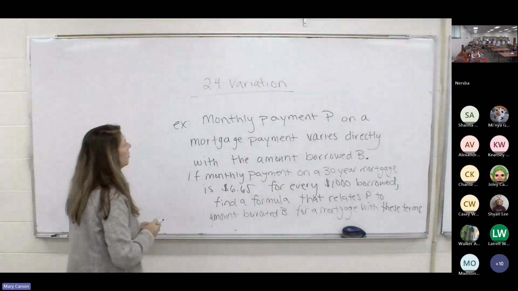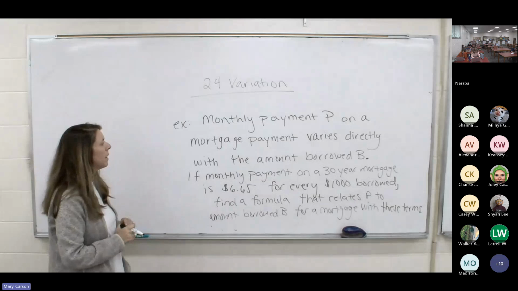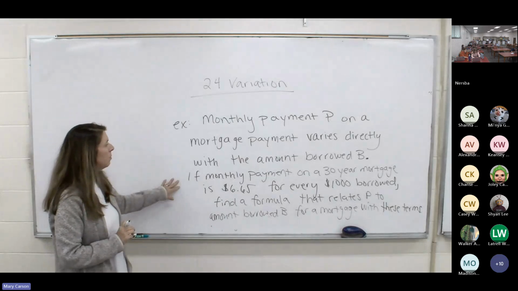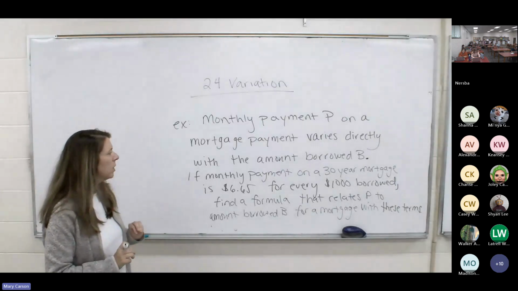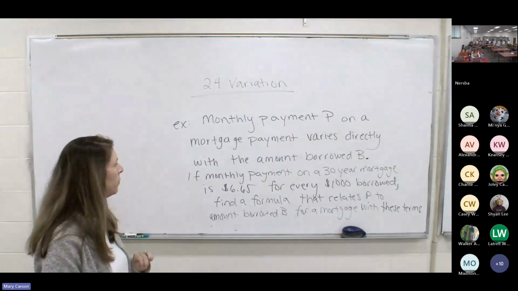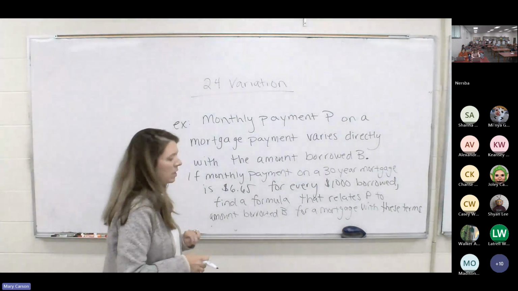Monthly payment P on a mortgage varies directly with the amount borrowed, B. If the monthly payment on a 30-year mortgage is $665 for every $1,000 borrowed, we want to first find a formula that relates P to the amount borrowed, B, for the mortgage with these terms.